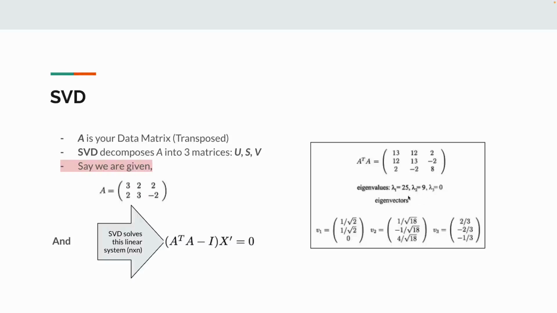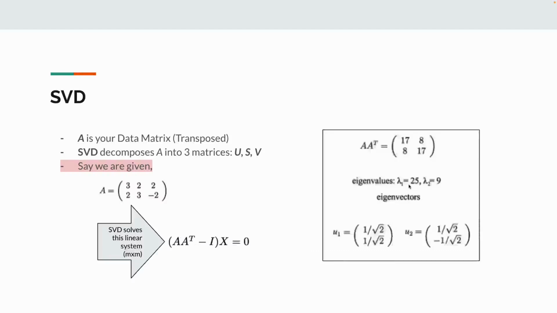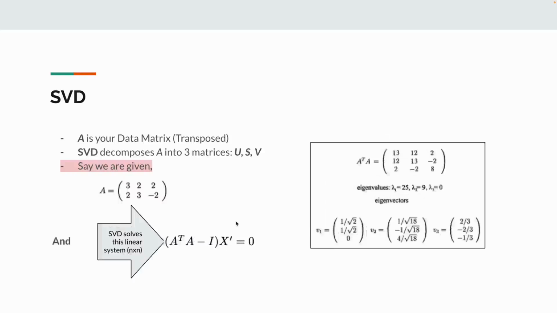But interestingly, if you pay attention, you see these eigenvalues are the same as the eigenvalues for the solution of A A transpose minus lambda I times X, okay? So you solve this linear equation, you get 2 eigenvectors, 2 eigenvalues. You solve the other linear equation, you get 3 eigenvalues, 3 eigenvectors, because your data is a 2 by 3 matrix, okay?